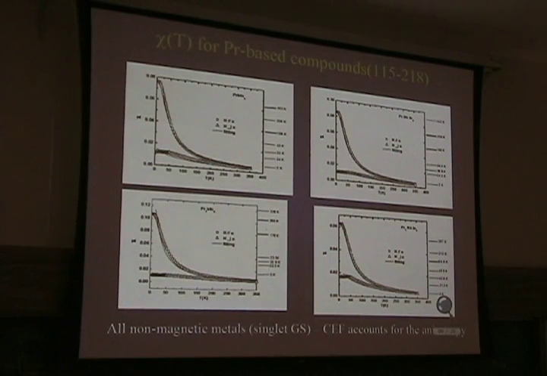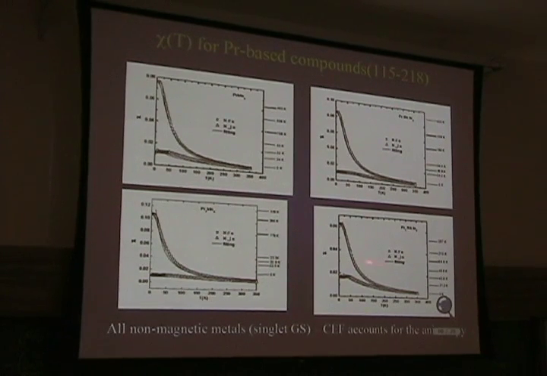So praseodymium 115s also have singlet ground states, so they don't order magnetically. So I cannot follow how the magnetic state changed as a function of rhodium, iridium, cobalt, because I have no ordered phase. So they are singlet ground states, and you can more or less simulate the anisotropy of the two.